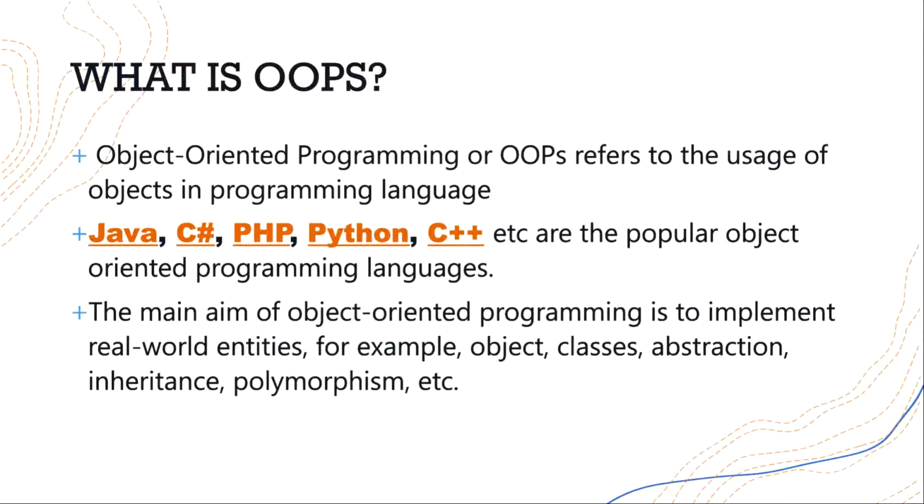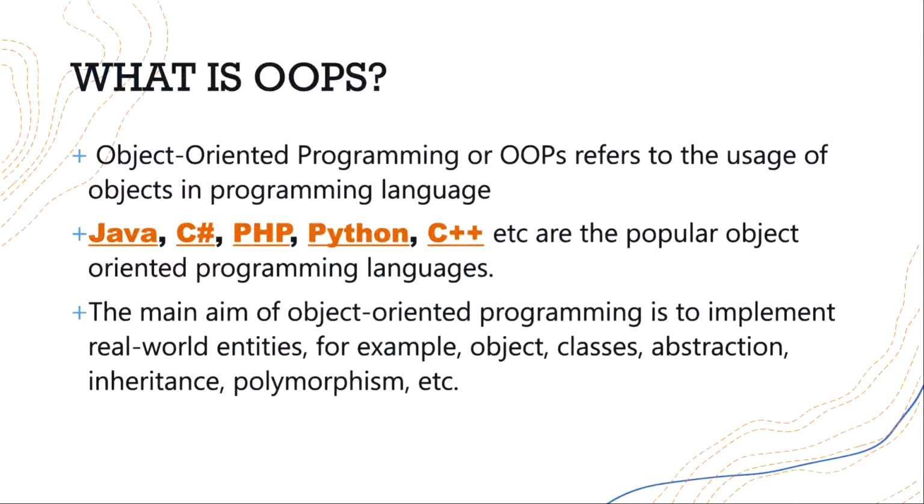In this way of solving, we use classes and objects in order to solve some sort of real life scenario. The main aim of object-oriented programming is to implement real world entities.